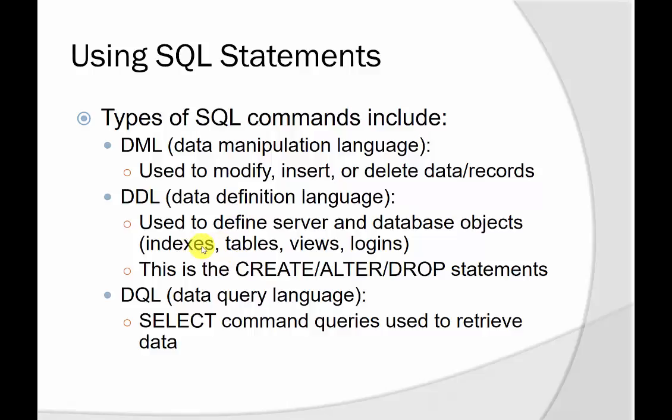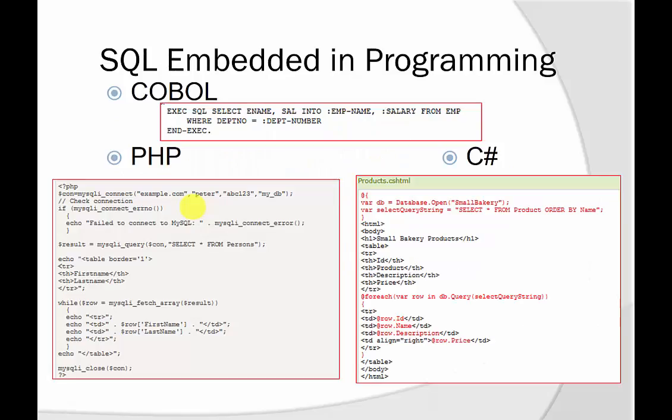So things that you see over there in the Object Explorer are created and modified using DDL. Finally, there's DQL, data query language. When people talk about SQL, this is normally what is thought of, and that's your select statements, where you're getting the data that's being requested for a report.